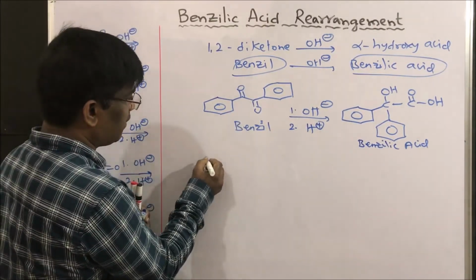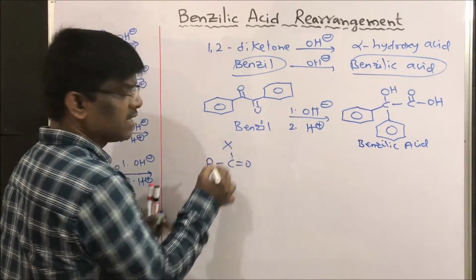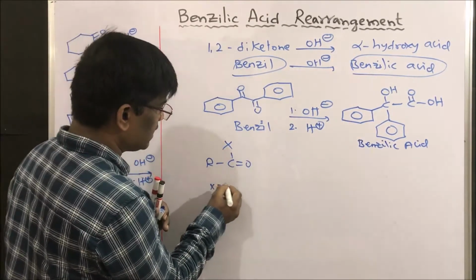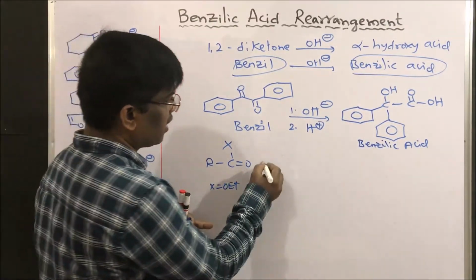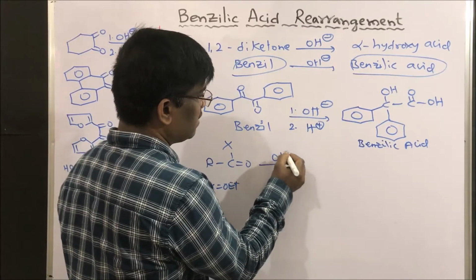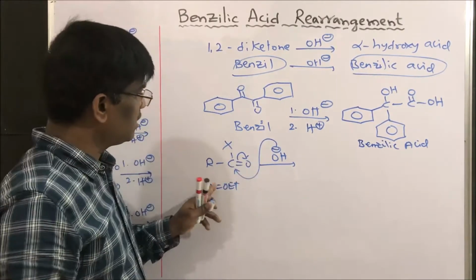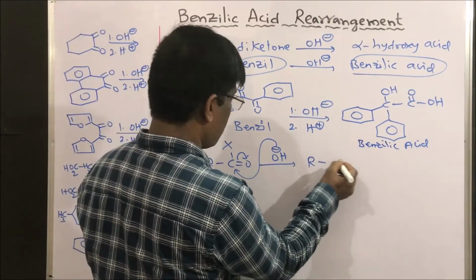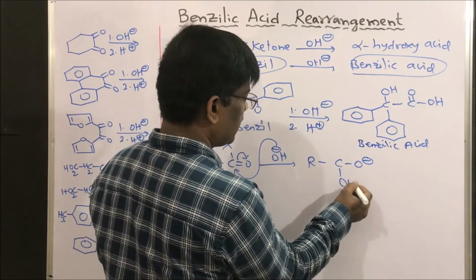For example, if I take RCOX, where X equals OEt, what happens if I add base? Base comes here, so it is going to give R, C, O minus and OH.